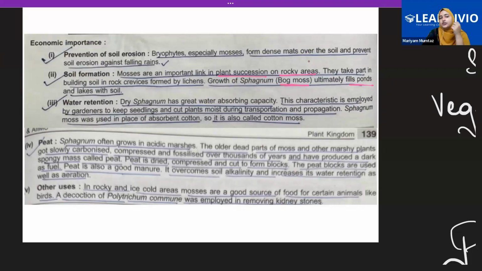That is why gardeners use it to keep seedlings and cut plants moist during transportation and propagation. Sphagnum moss was also used in place of absorbent cotton, so it is also called cotton moss.